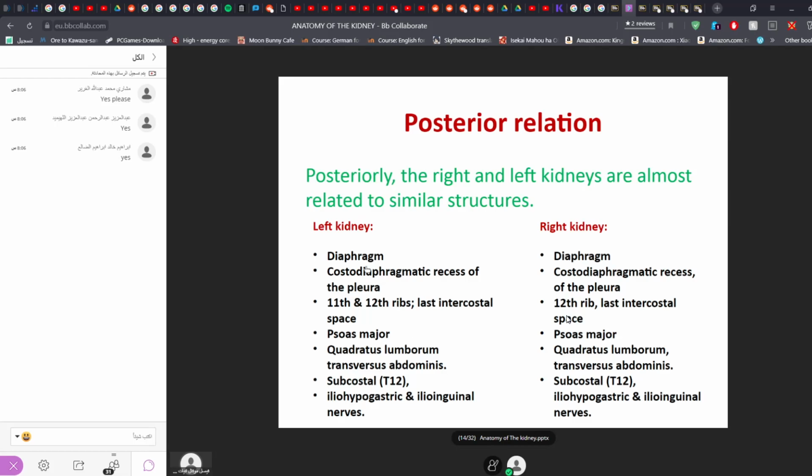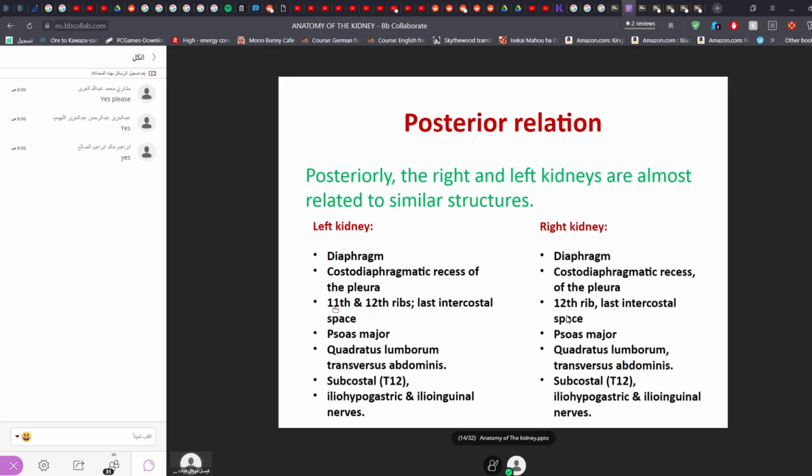Let us see. Diaphragm, definitely. It is lying on the region of the diaphragm, which is the crura, so they are lying behind the kidney. Both kidneys have the diaphragm. Then above the diaphragm, the costodiaphragmatic recess of the pleura. These two structures are the same.